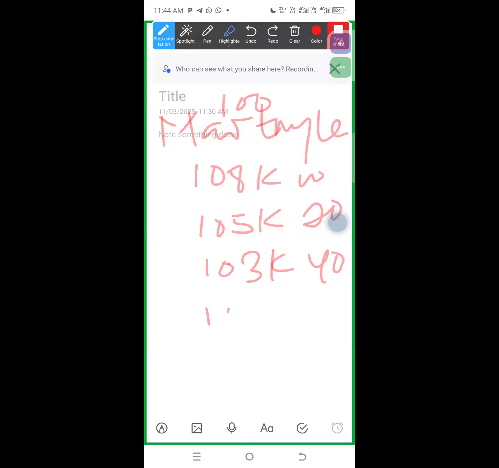Let's say 100K. So we are still going to double it, 80. Very good. So in this case, from 108K to 100K, we are doubling the effect.